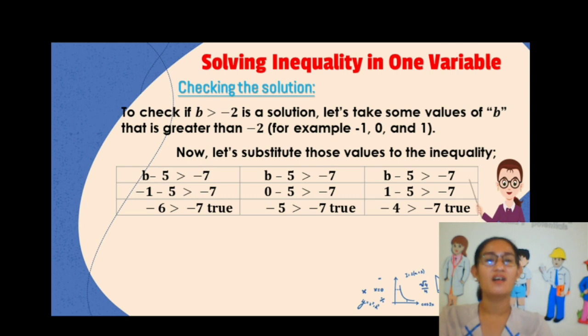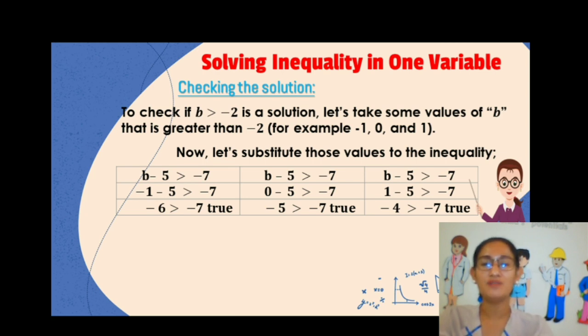Let's check our solutions. To check if b greater than negative 2 is a solution, let's take some values of b that are greater than negative 2, for example, negative 1, 0, and 1. For negative 1, we have negative 1 minus 5 is greater than negative 7. Negative 6 is greater than negative 7, which is true.